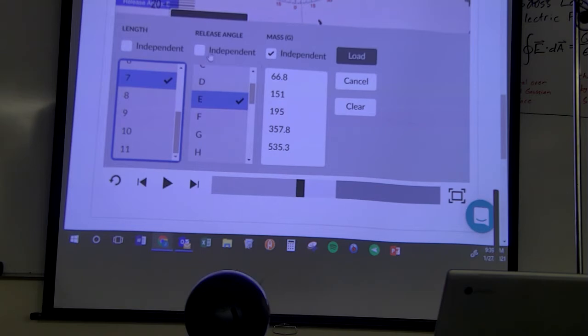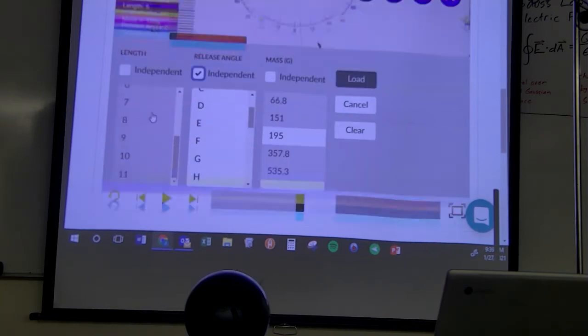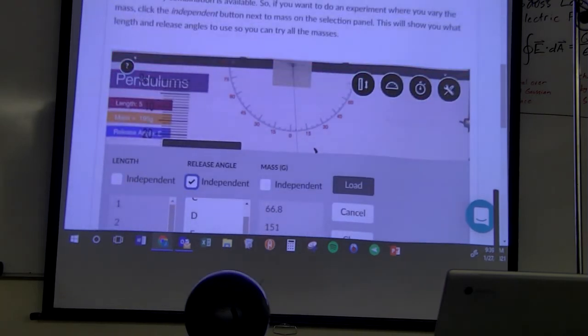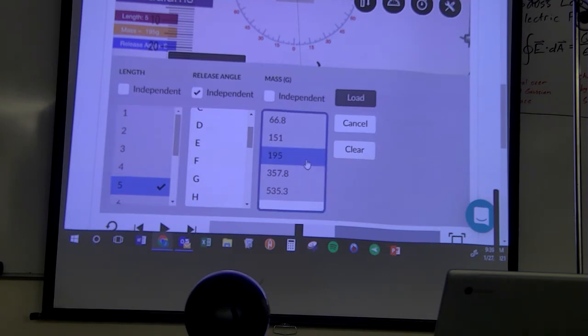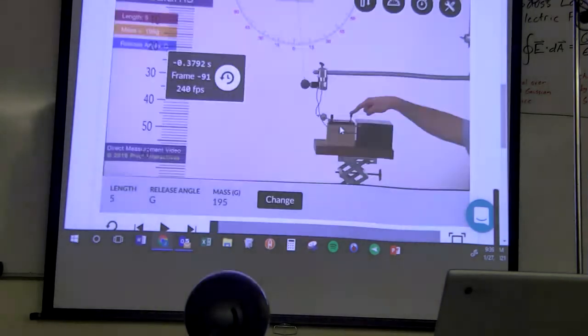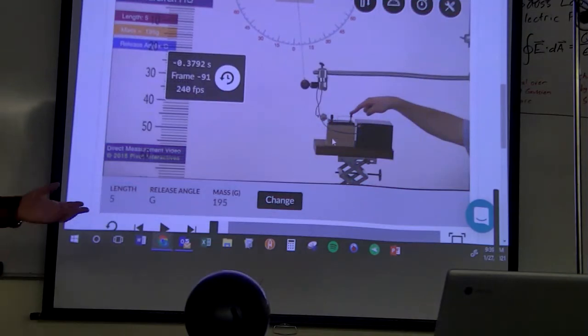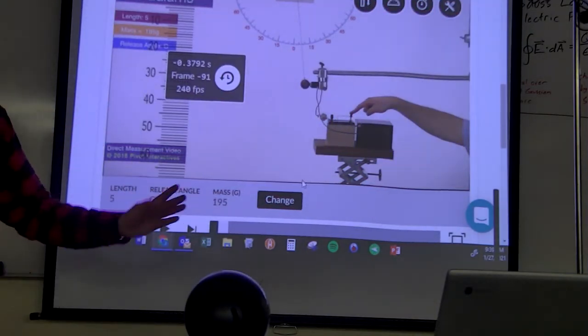Same thing if you want to vary the release angle, then you have one choice for the length. That just means that's how many videos they made. They didn't want to make a video for every single combination, right? So if you're going to vary the release angle, then you're going to hold the length constant and then say the mass constant. Okay, and then click load after you pick one, and then it'll load that particular setup, make your measurements, measure the period, plot those data.